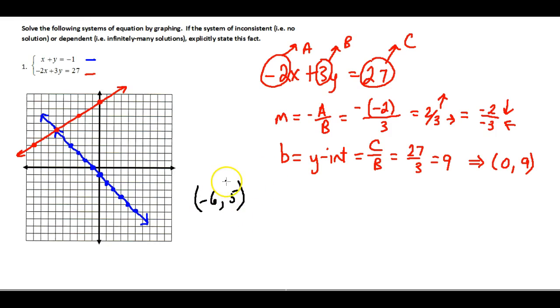So the solution to this system would be at the point (-6, 5). Or put in algebraic terms, x is -6, y is 5. So now let's move on to our next example.